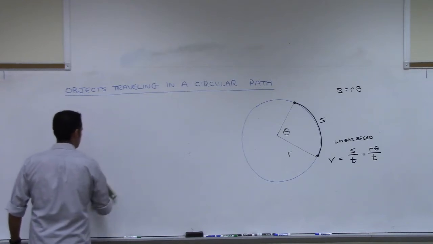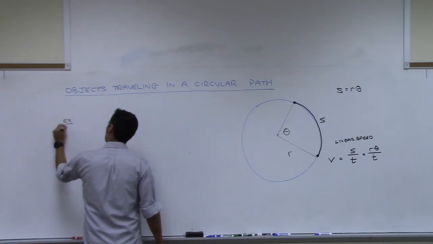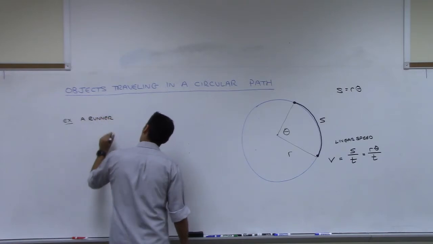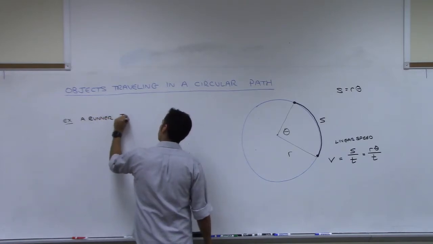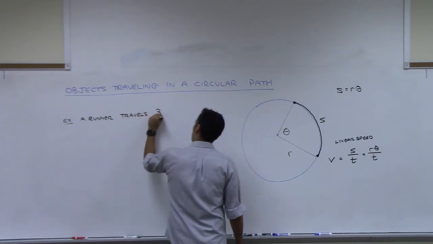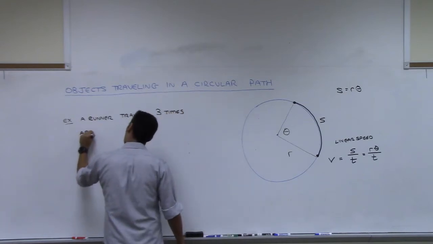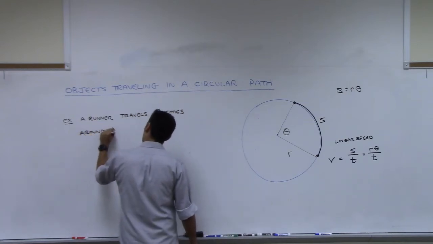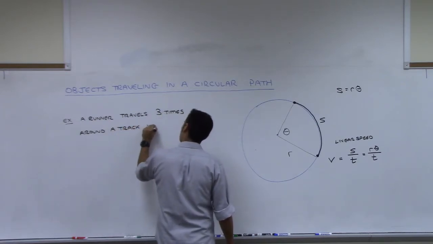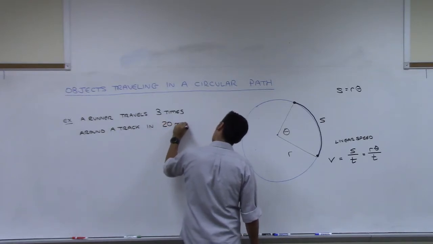Let's do an example. A runner travels 3 times around a track in 20 minutes.